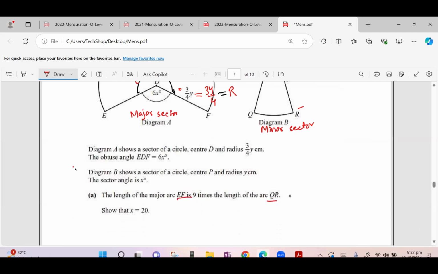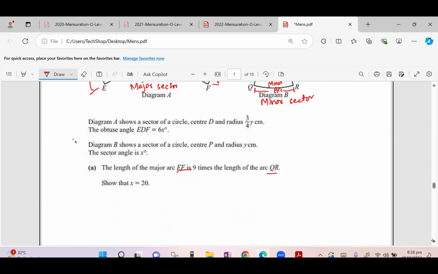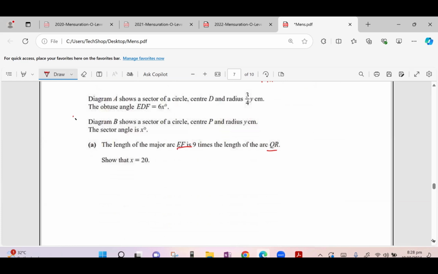EF is this, the major arc, and the minor arc is this in diagram B. Or you can say only arc. So with the help of this sentence, make equations.